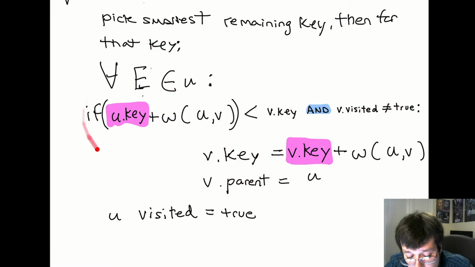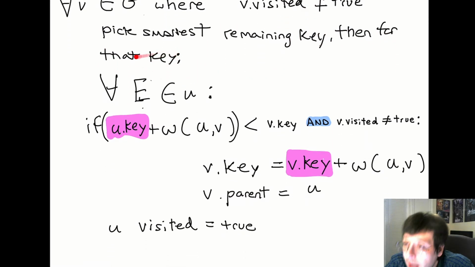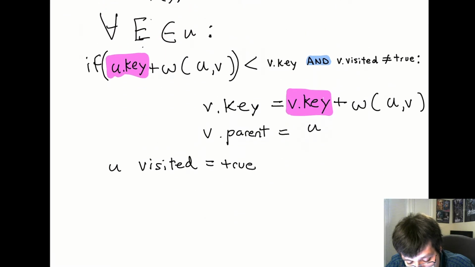Okay, so this is basically doing the same thing that we were doing before. So I'll go again and say, basically for all vertices that are in your graph, where visited is not set, where you haven't visited the vertex, get the smallest one of those, and then looking at that vertex, we're going to basically look at all of the edges going out of it. Okay, so that's this one here. And then for each of those edges, we're going to do this if statement check.